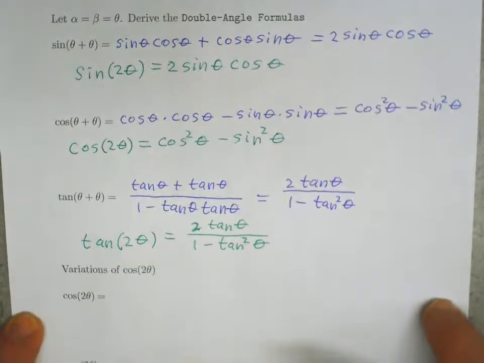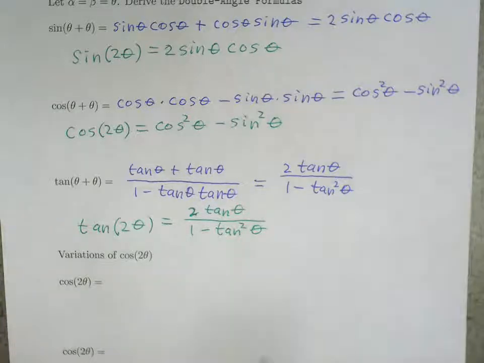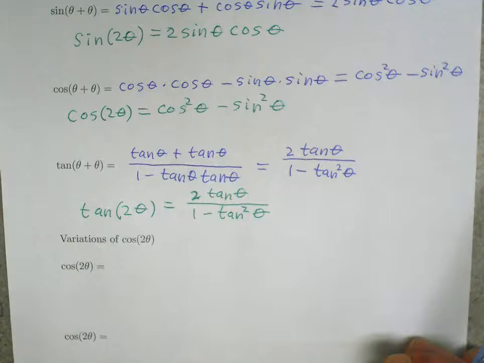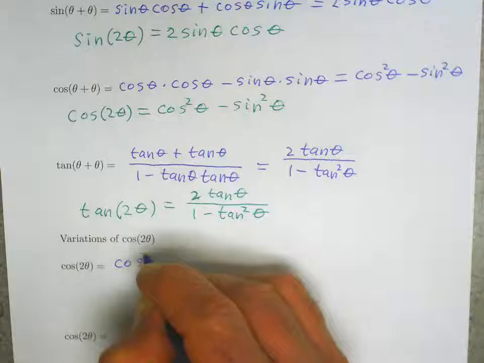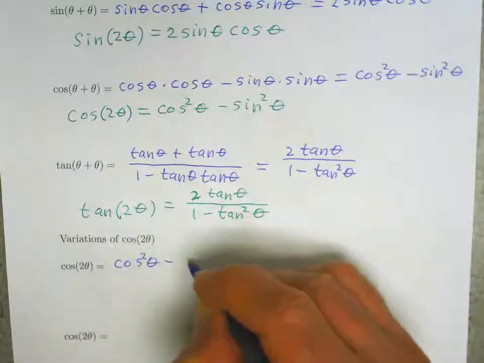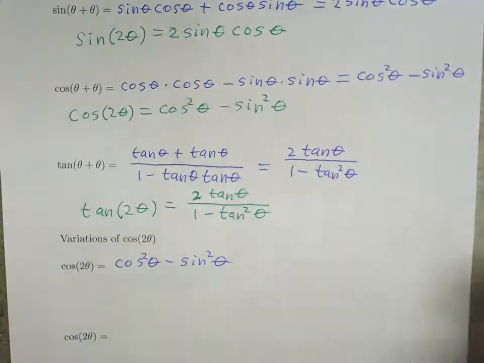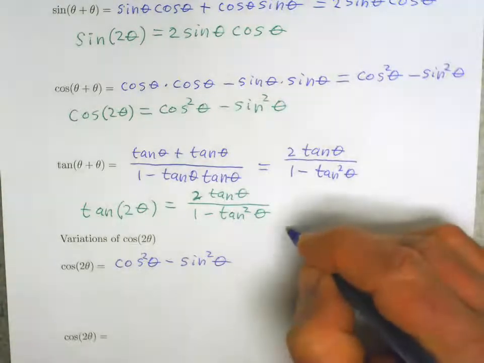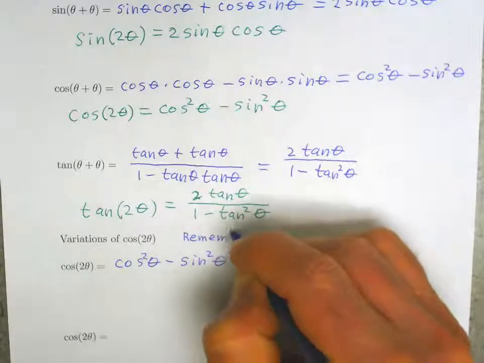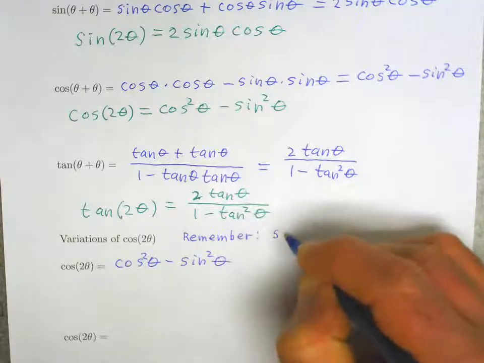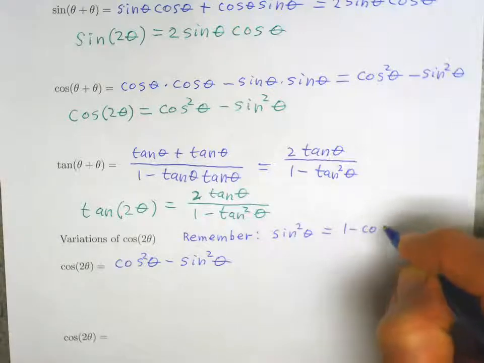Okay, we have variations of cosine of 2 theta. The one that we derived above, cosine of 2 theta, is cosine of theta squared minus sine of theta squared. But remember that sine of theta squared is 1 minus cosine of theta squared.